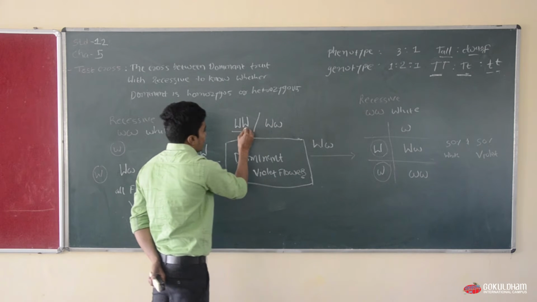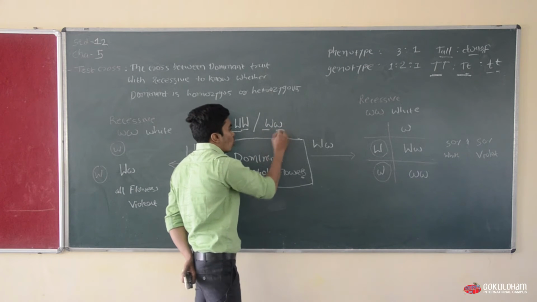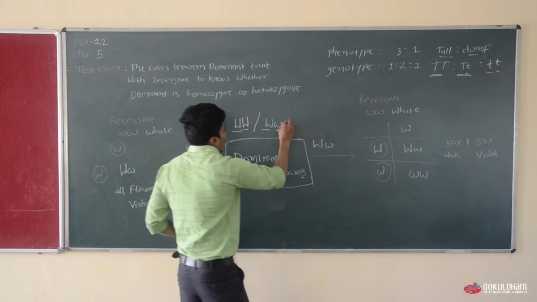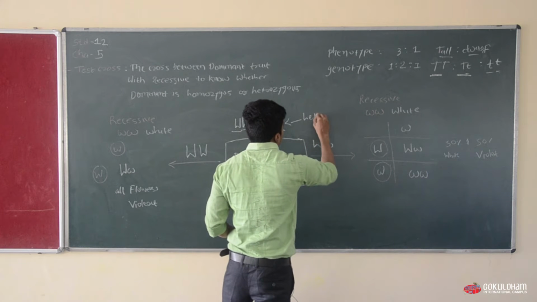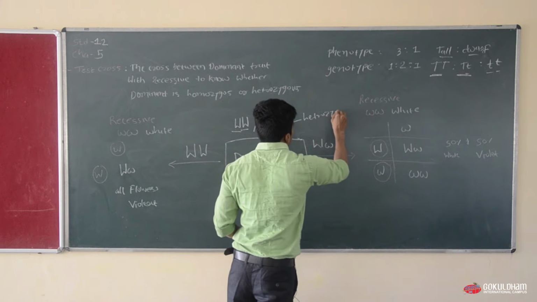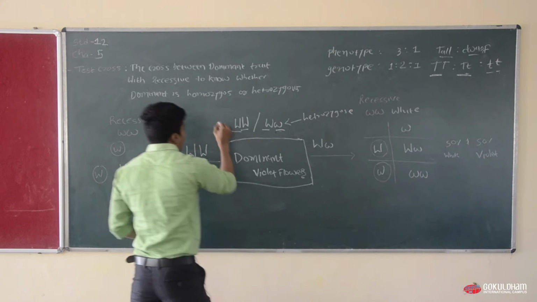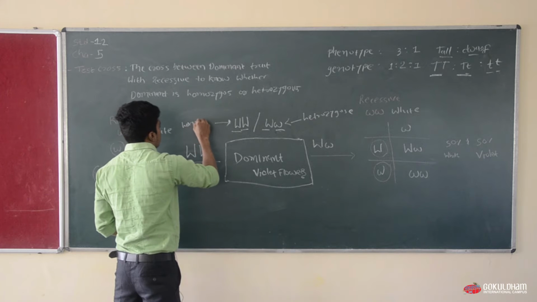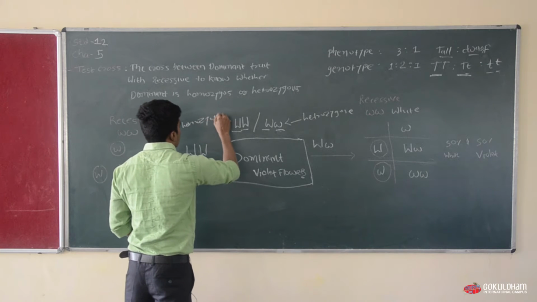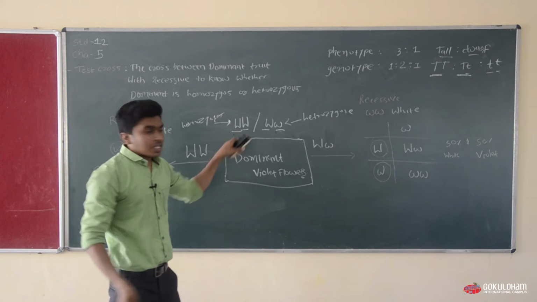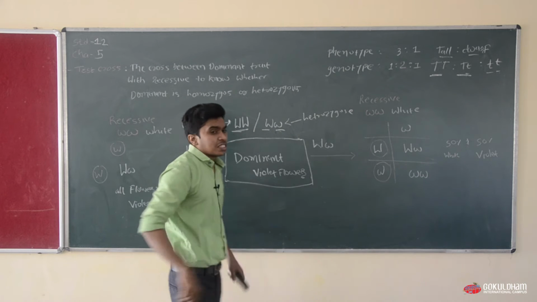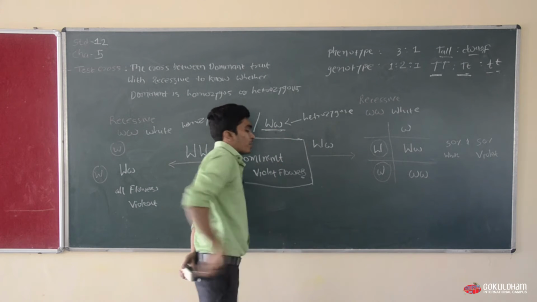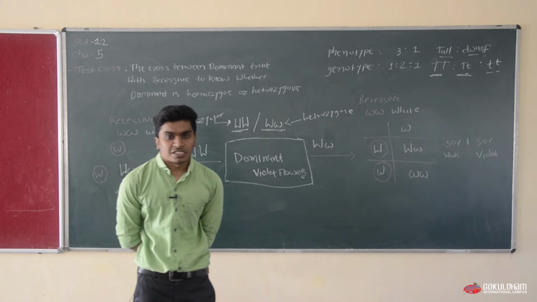Here capital T capital T and capital T small t. The genotype capital T small t is known as heterozygous, and capital T capital T is known as homozygous, because that genotype has both similar alleles, whereas this genotype has dissimilar alleles.